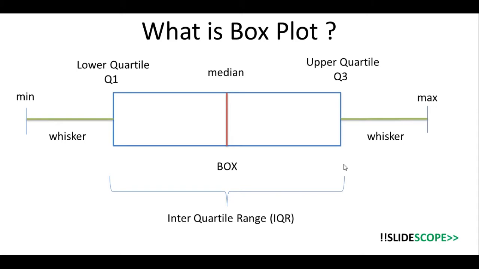So this is the basic representation of a box plot. We have our data, we have some column, and in that column there are values, like values of profit of any particular company, or values of scores secured by various students.